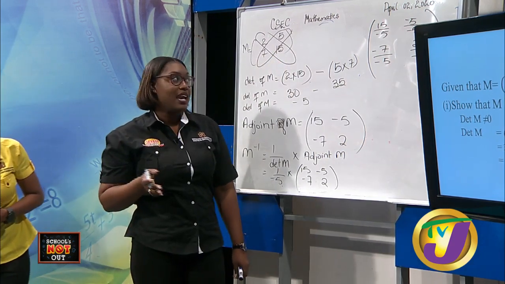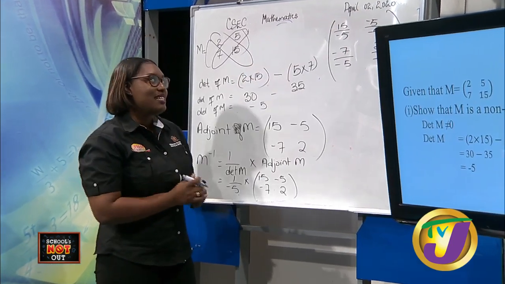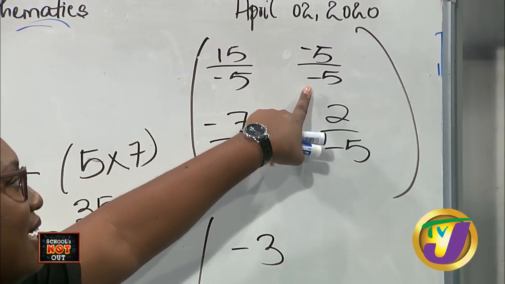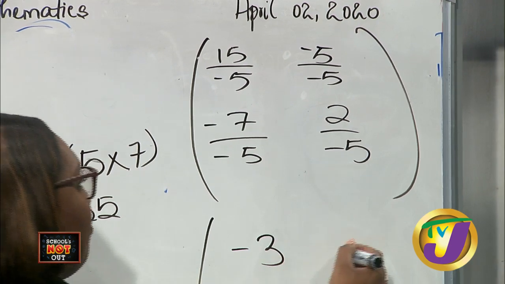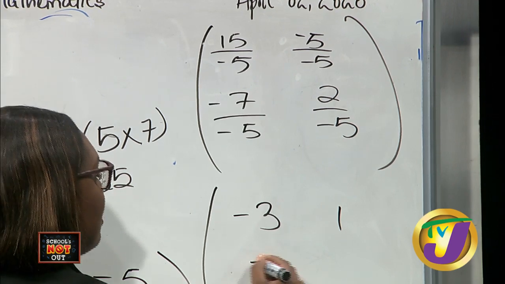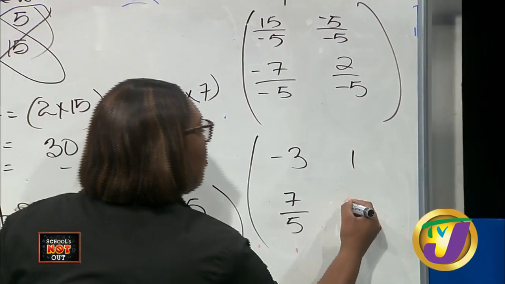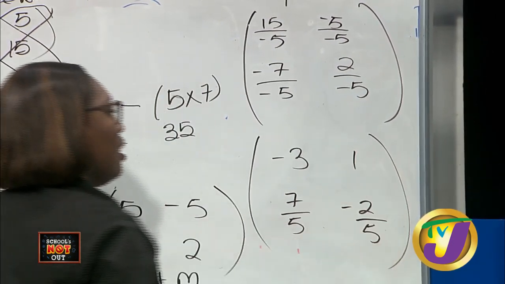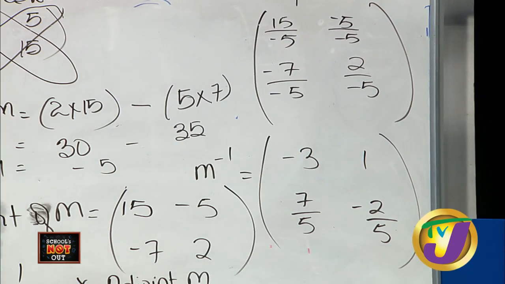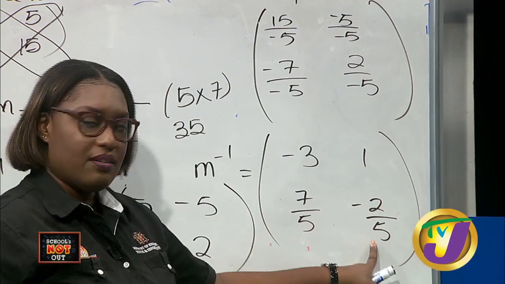Now let's simplify. 15 divided by -5 is -3. -5 divided by -5 is +1. -7 divided by -5 is 7 divided by 5. 2 divided by -5 is -2/5. So the inverse of M is -3, 1, 7 divided by 5, -2 divided by 5.